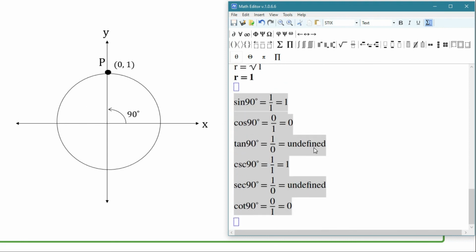But as I said, since these are quadrantal angles, you have to take into consideration the different signs of the coordinates of P, so that you will have the correct sign for your trigonometric function value.